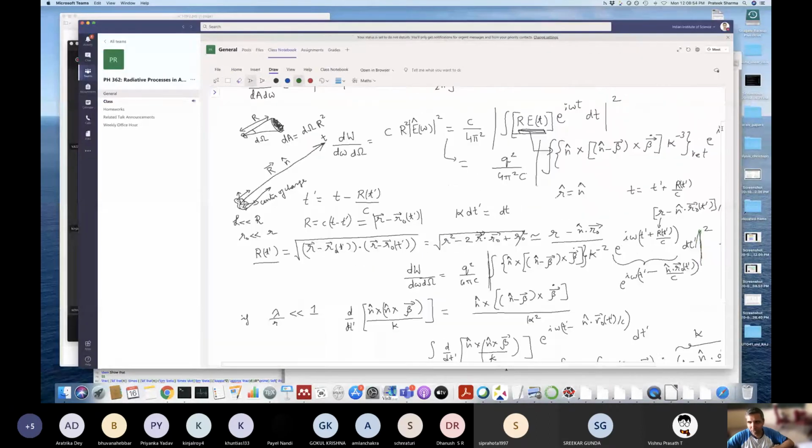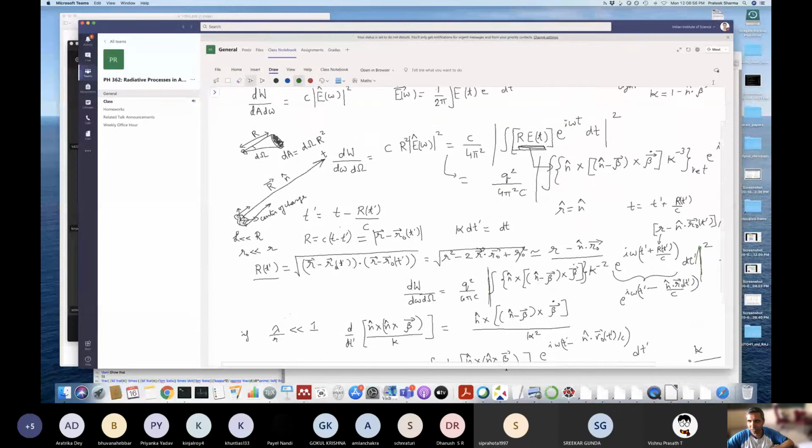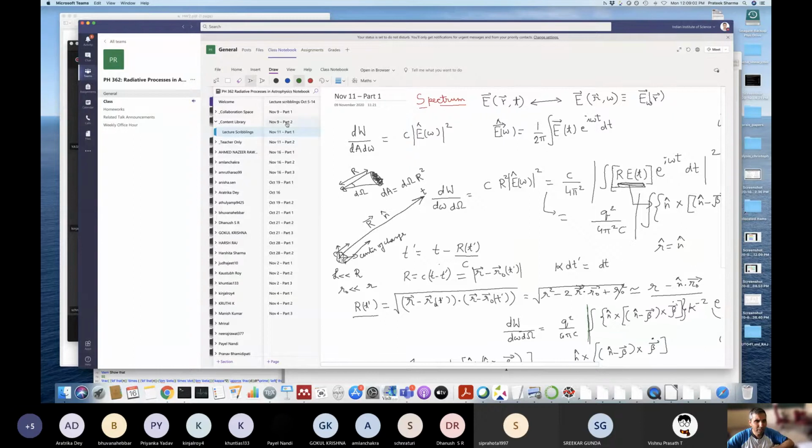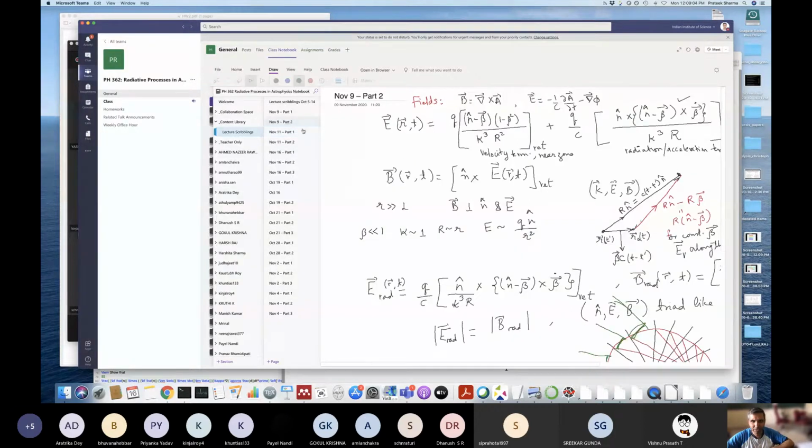Right, so maybe even before this, right? So I had written down this E and B. These are actually derived from those retarded potentials, but it is actually very tricky and algebraically very tedious to go from those retarded potentials to here.